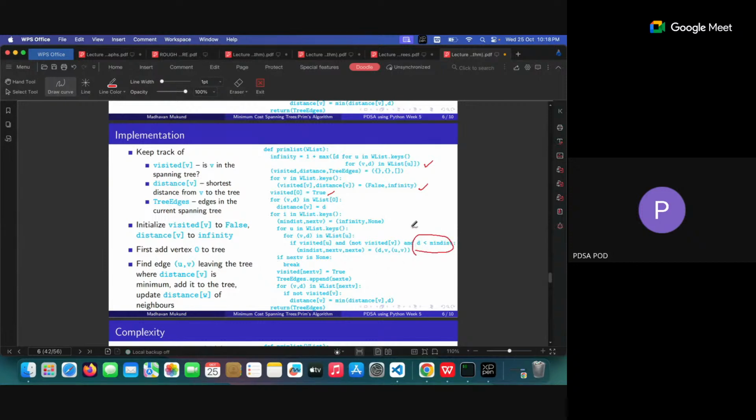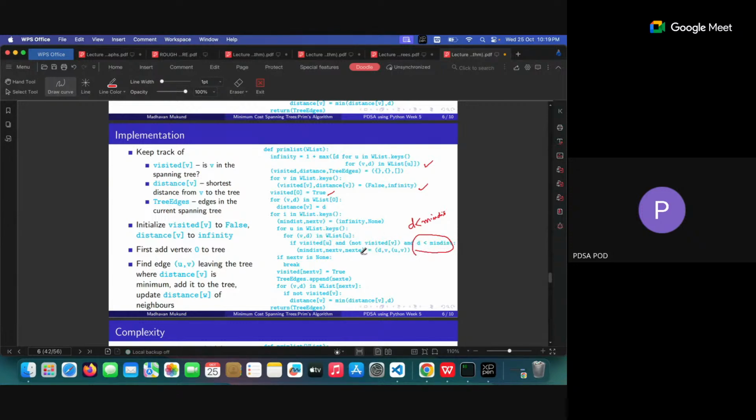Here they are finding the distance when it is less than the minimum distance. What is the minimum distance here? Already it is done. The minimum distance is the infinite value. So the first distance you find is definitely going to be less than the minimum, and it is not widgeted, and widgeted of u.